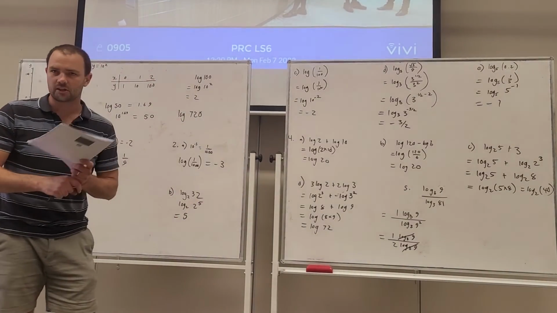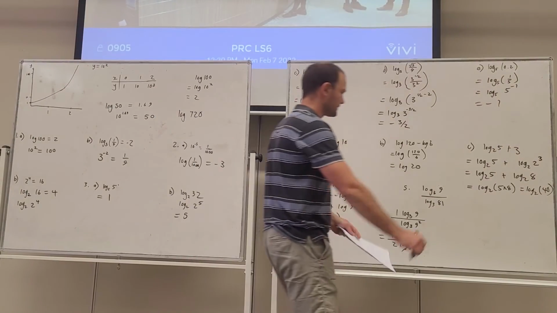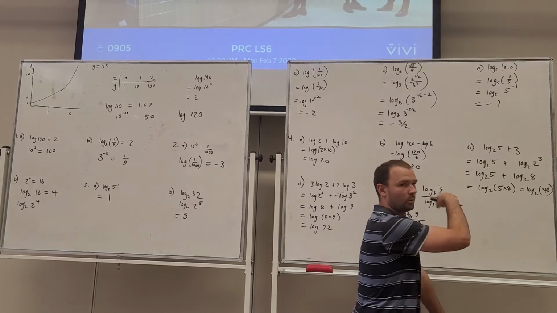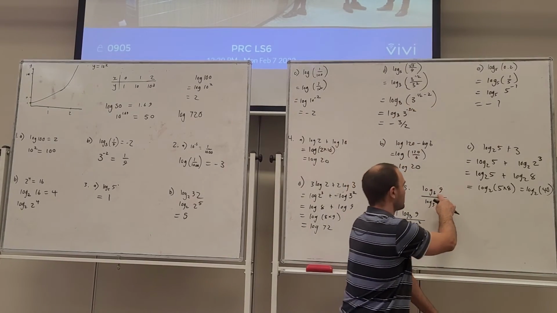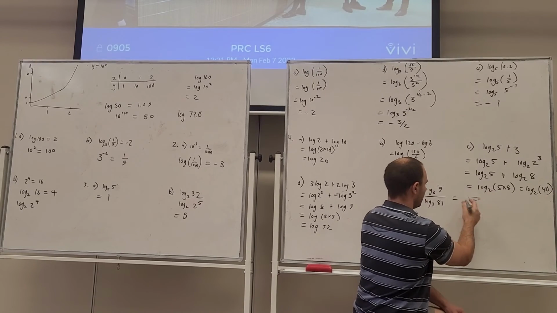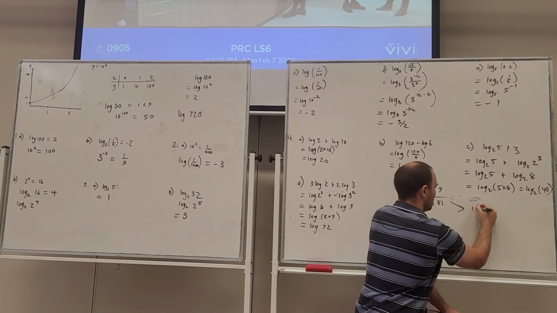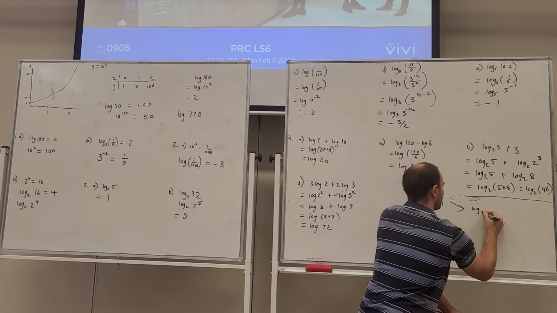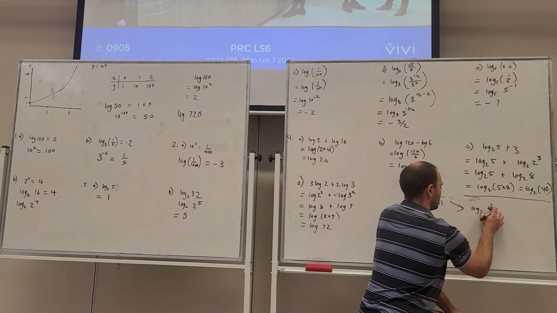Okay, another procedure to show the truth of this is by putting them in base 3. Okay, we have log in base 3 of 9. Well, we could write that as log in base 3 of 3 squared, okay?